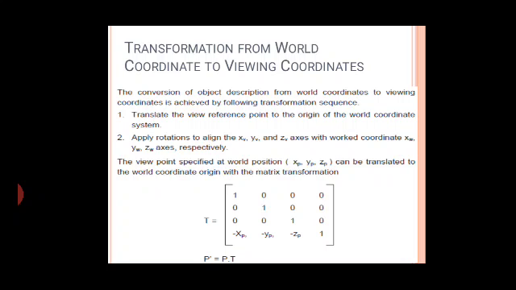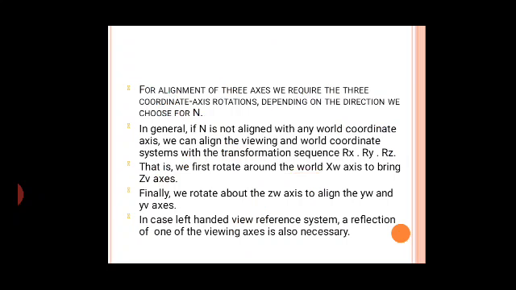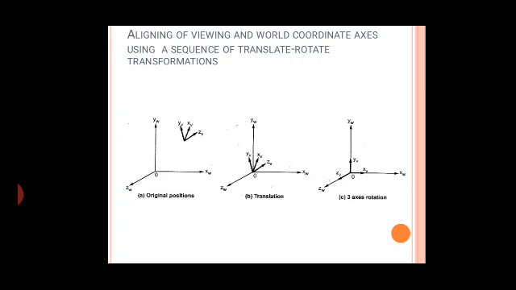If yv is not aligned with yw, then we need to apply the rotation about the y axis, and if zv is not aligned with zw, then we need to apply the rotation about the z axis. This means three types of rotations we need to apply: one for the x axis, one for the y axis, and one for the z axis.